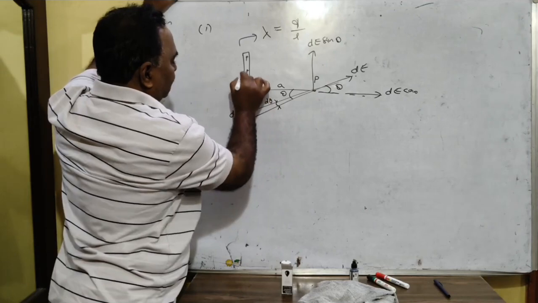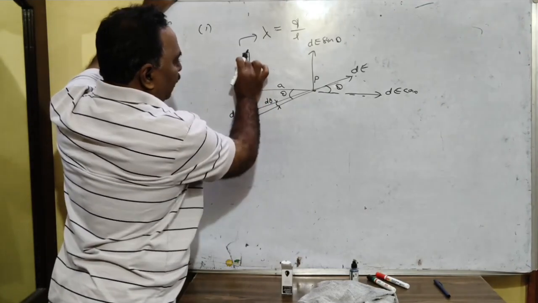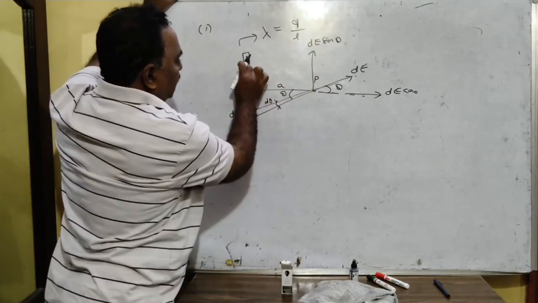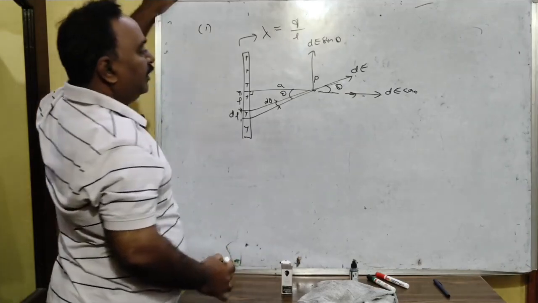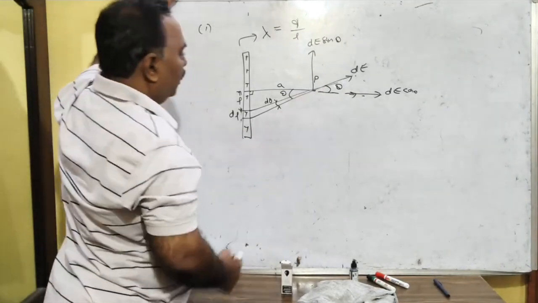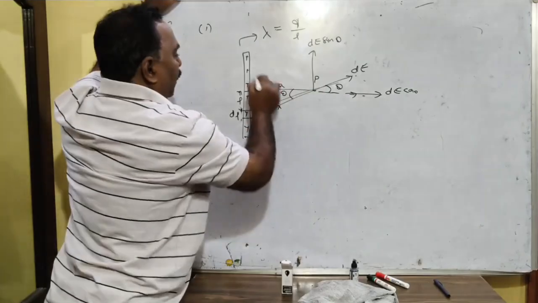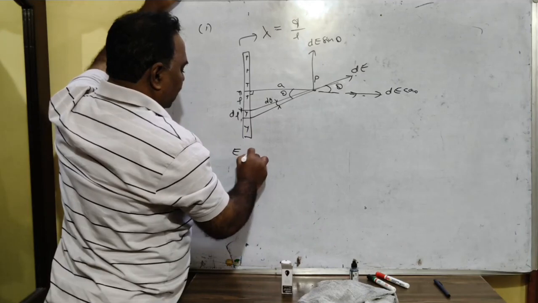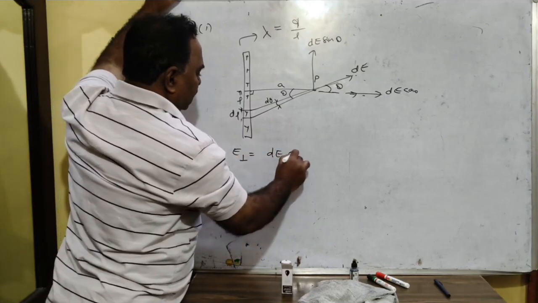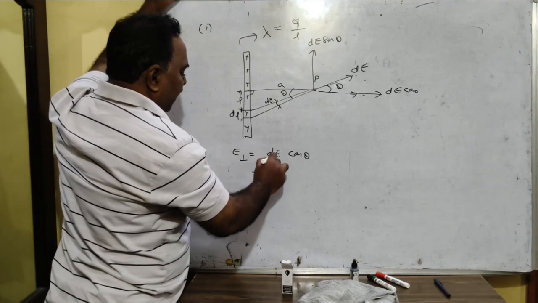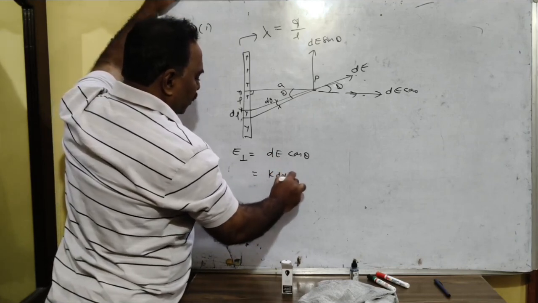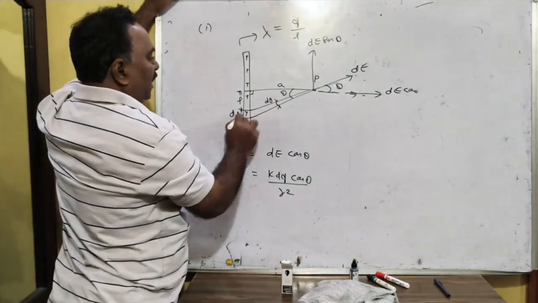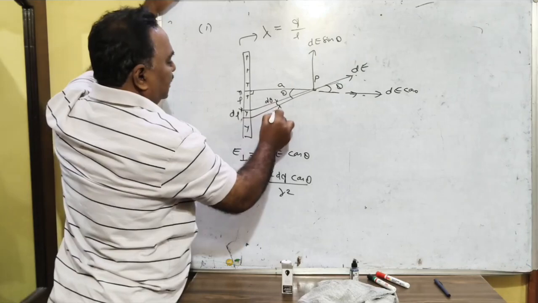Suppose on the opposite side the same element, its dE sin theta cancels, but the other component is added, so that the total electric field perpendicular to the wire is dE cos theta. So what is dE? K dq by r square, meaning distance square from this element to the point P, let that distance be r.